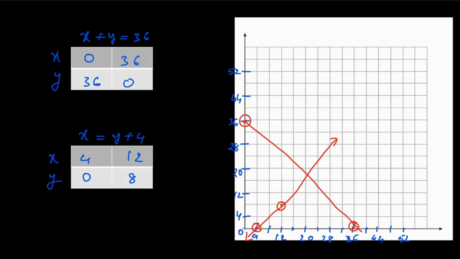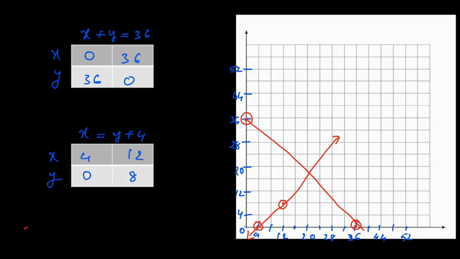To find out the x and y values through this graph, if you look at this graph clearly, join the lines carefully. And here, same way, these 2 points, join the lines.